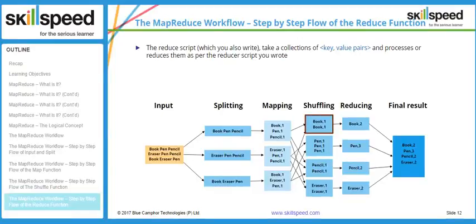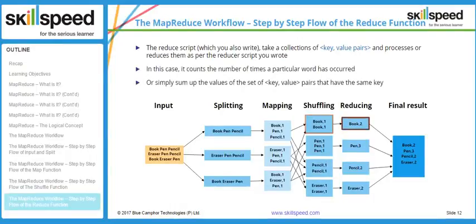In the reducer, I will write Java code which will add the two values of the key called book. So 1 plus 1 equals 2, and I get a final result as book, 2. In much the same way, I get pen, 3, pencil, 2, eraser, 2, giving my final result with the number of occurrences of each word.